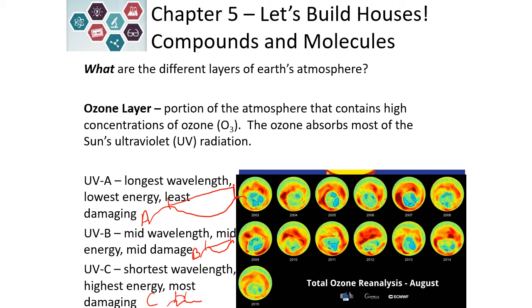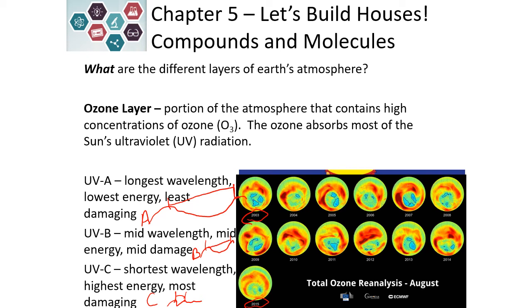The blue on this image is the least amount of ozone. You may have heard of ozone depletion, and you'll notice that this is older data, starting in 2003 and ending in 2015. The lighter blue shows the least amount of ozone.